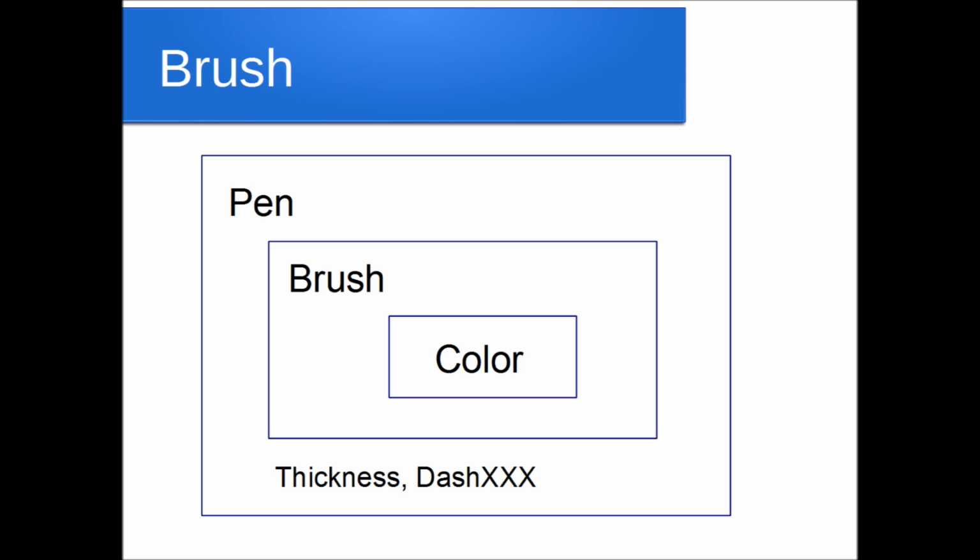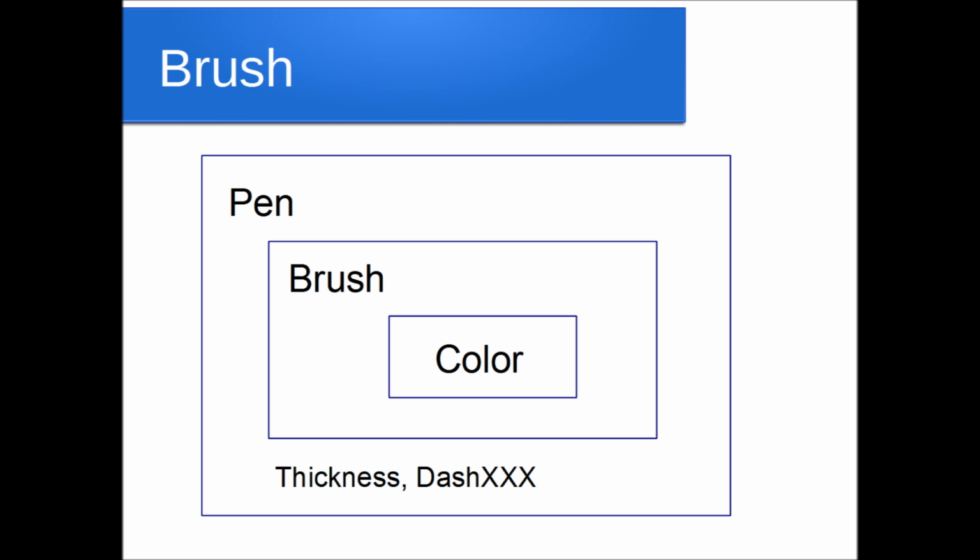This is the last topic in my presentation, brushes. Here in the slide is the object composition diagram of the relevant objects. The brush has a color object inside of it, and a brush also has a whole bunch of things. There are about 6 brushes, and some of the brushes are actually quite complicated.